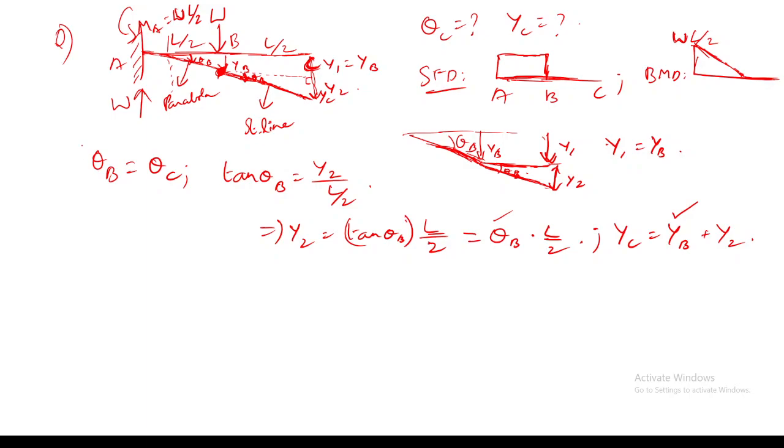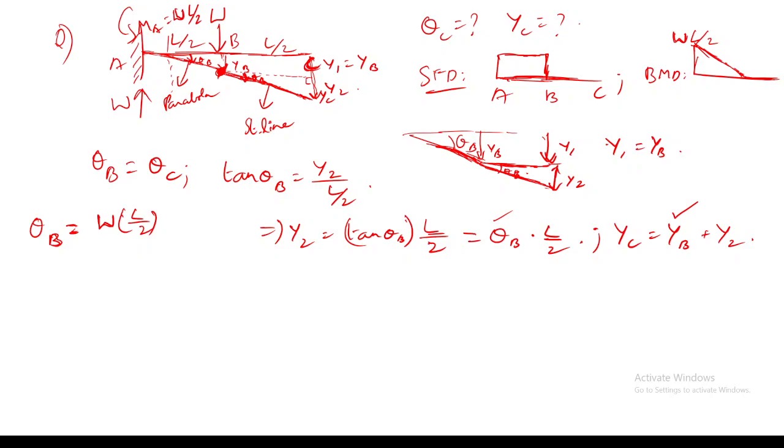So how do you find the value of theta b then? It will be wL square upon 2EI. And what will be the value of L here? L by 2, since I am taking only this portion as the cantilever beam, and the length will be L by 2.